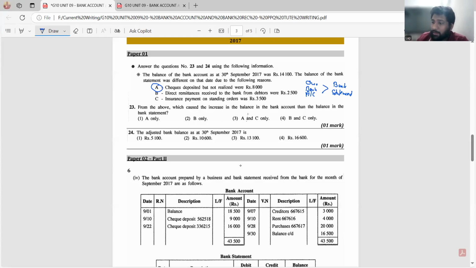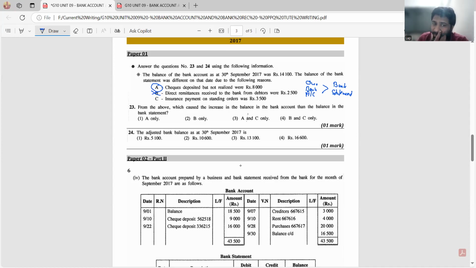One of our debtors has directly deposited the money, so the bank statement balance is high, more than the balance in our accounts, because in our accounts it is not yet recorded. So the bank statement is high, not our account.